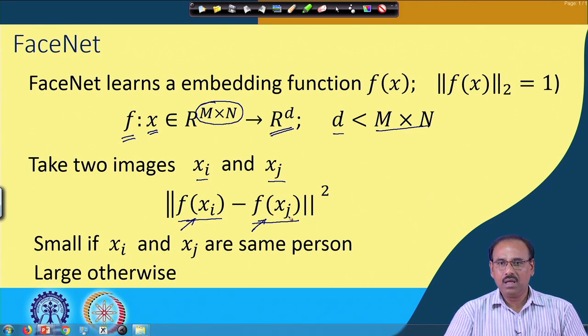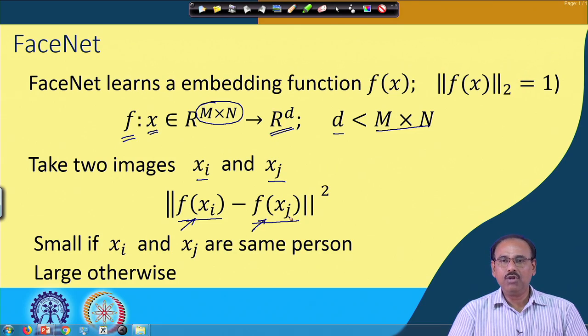Or in other words, the norm of f(xi) minus f(xj), squared, which is the squared Euclidean distance, should be small if xi and xj are images of the same person. But if xi and xj are images of different persons, then what we want is that this squared Euclidean distance between f(xi) and f(xj) should be large. And that is how you measure the similarity, whether the two images are similar or not.